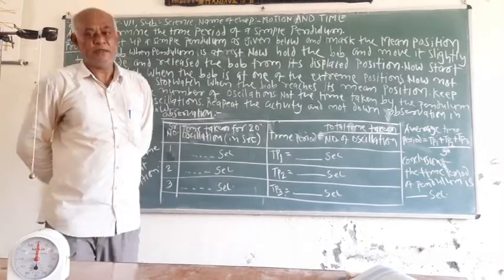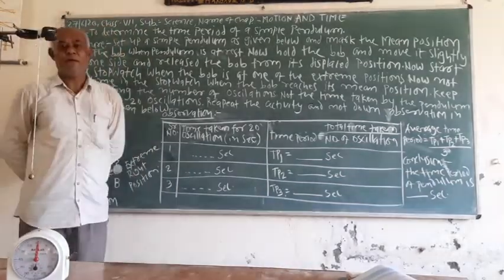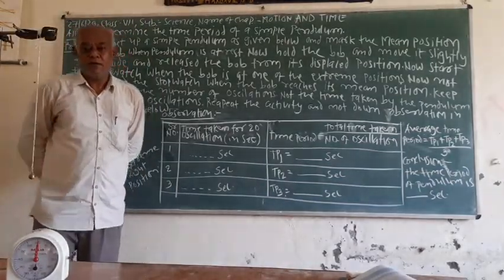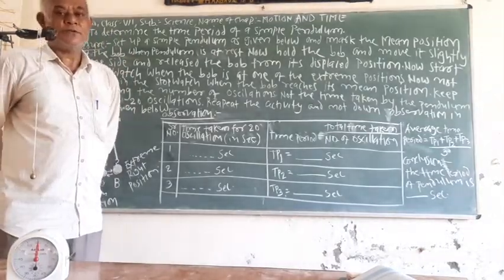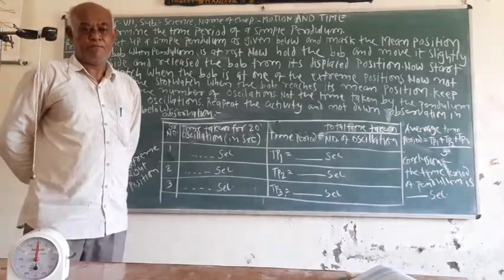Therefore, a bob is suspended with the help of a rigid support. Such a pendulum is called a simple pendulum.